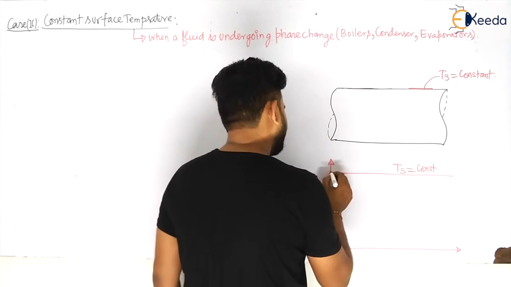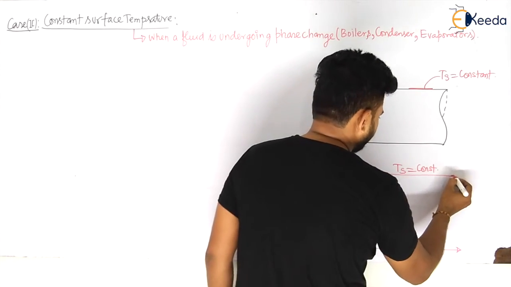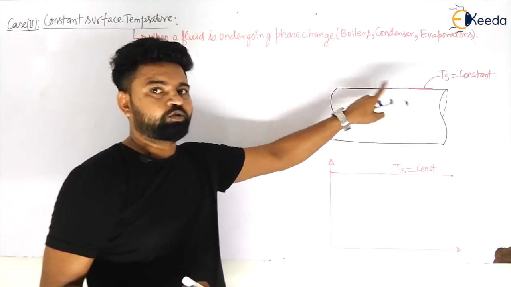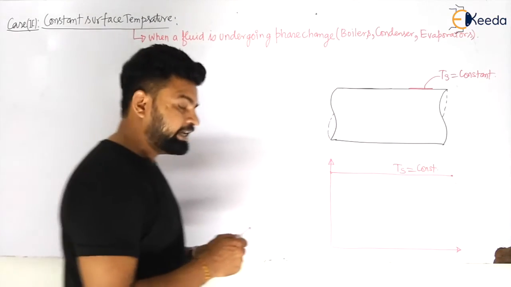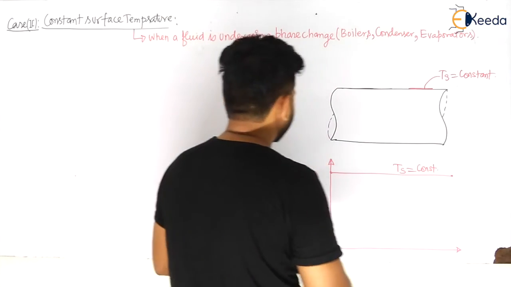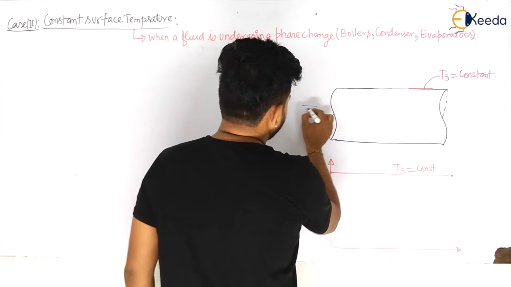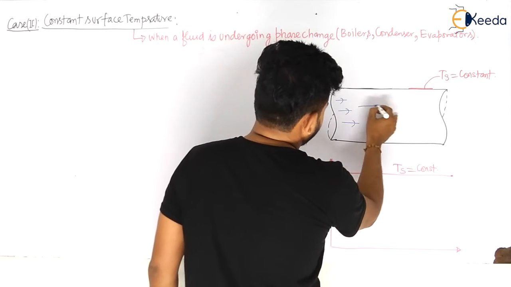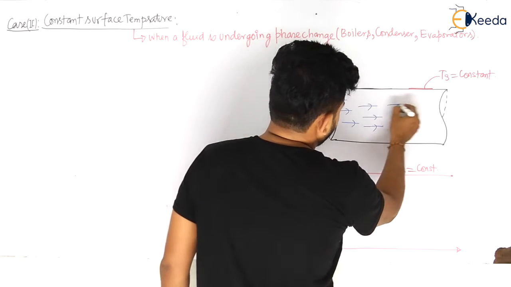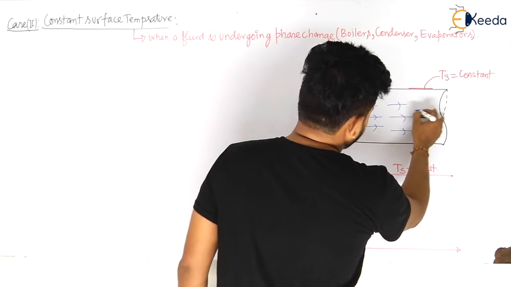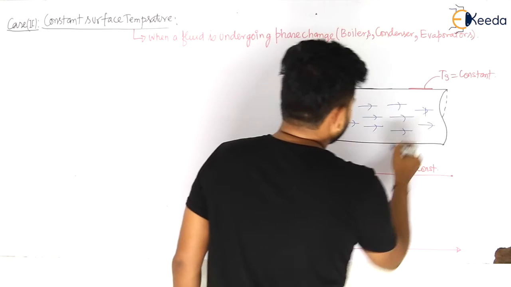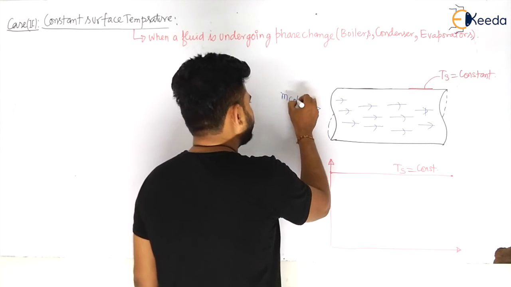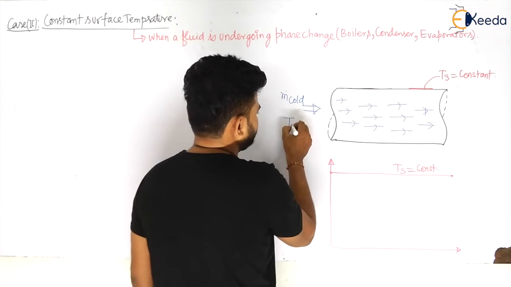Now what will happen? If the surface temperature is high and cold fluid is entering, heating will be there, my dear students. So let us see, cold fluid is entering inside this tube or pipe with some mass flow and some inlet temperature.